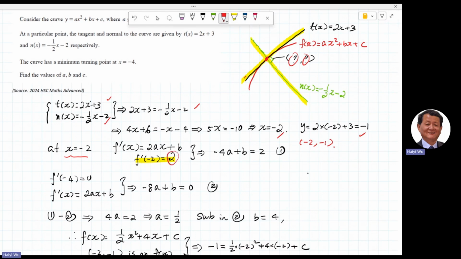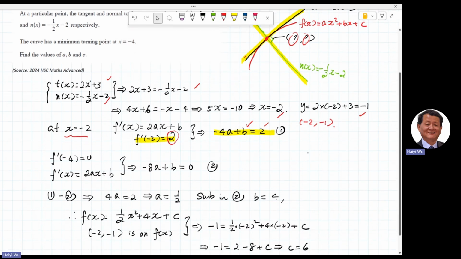So we substitute into the derivative function, which is 2ax + b. We substitute -2 into the left-hand side, and the right-hand side is 2. So we establish the first equation, but we can't solve until we have the second equation.